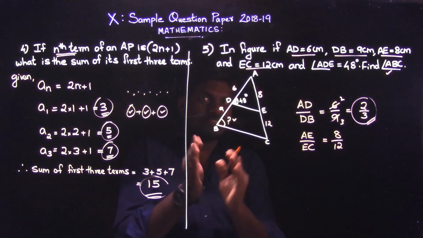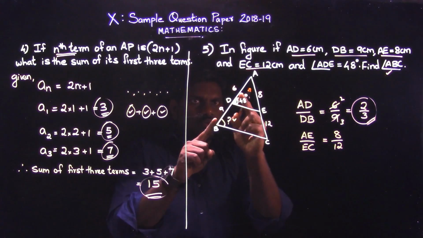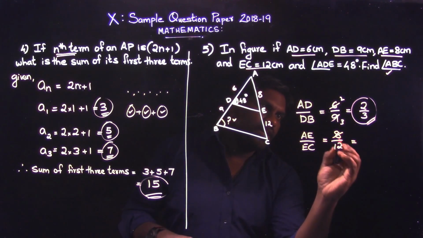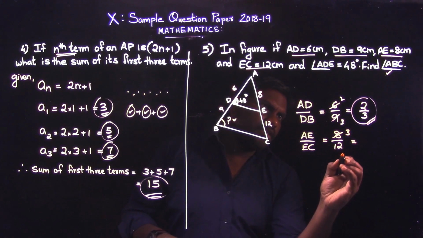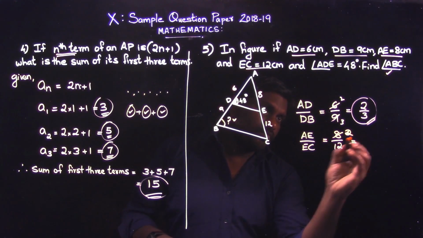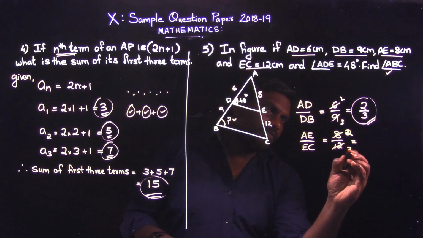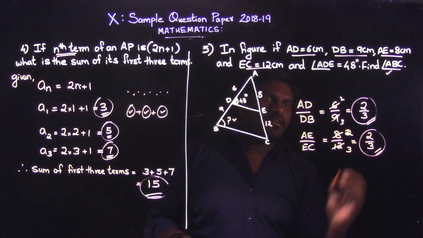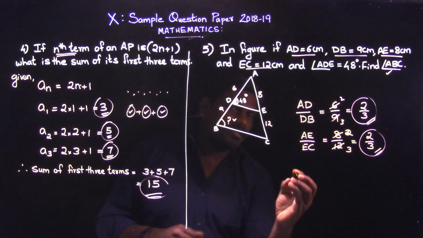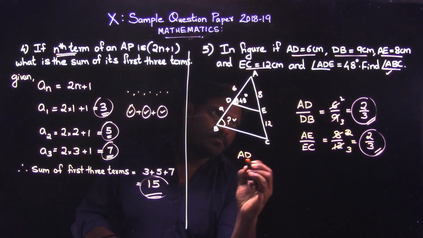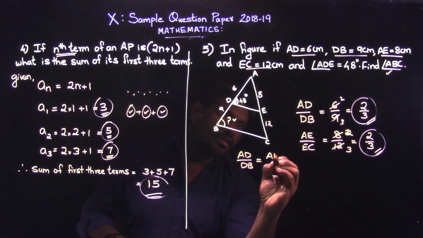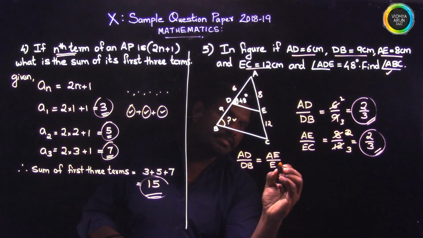Whenever you see such a question, just go and see the ratios. 8 in 4's table, 2 fours, and in 12, 3. So again you could see that the ratios are the same. That means AD by DB is equal to AE by EC.